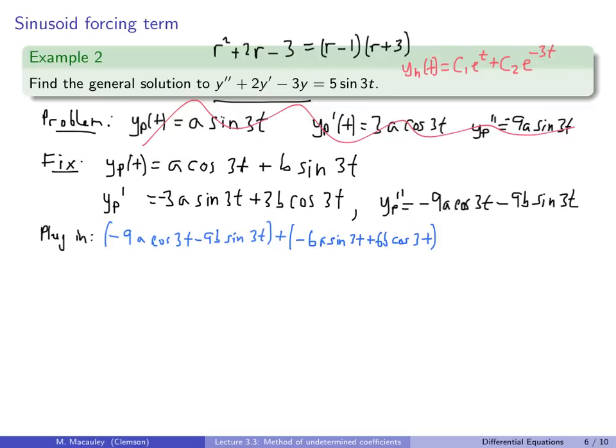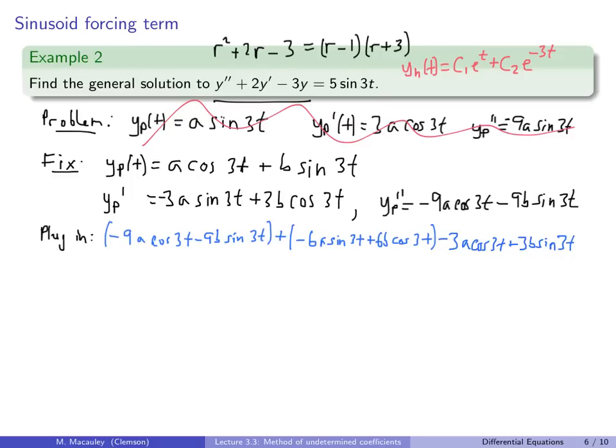And now, what else do we have? We have minus 3y. So that's minus 3a cosine of 3t plus 3b sine of 3t.